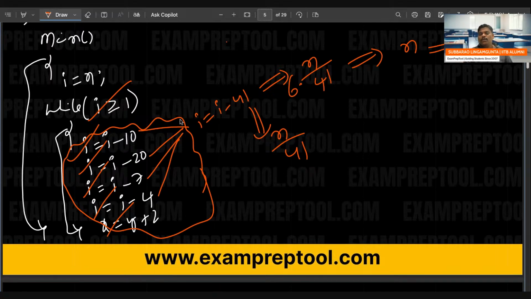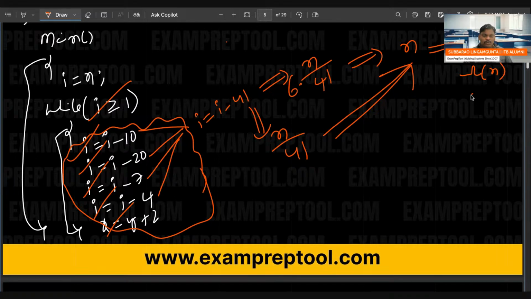That is the reason these all are considered as one statement only. So for each I value, these all will execute. How many times is this loop repeating? N by 41. N by 41 means time complexity how much? N only, which is nothing but big O of n, which is nothing but omega of n.